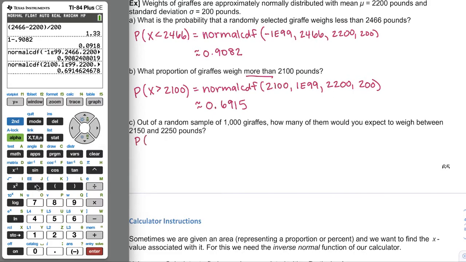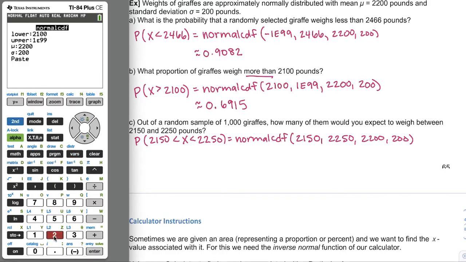It's the probability that X is between these two numbers. So this time we've been given lower and upper bounds for our normal CDF. Lower bound 2,150, upper bound 2,250. The mean and standard deviation are still 2,200 and 200. So we will do the normal CDF to find the probability.